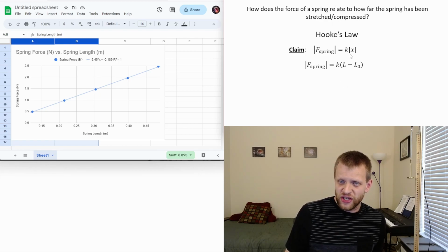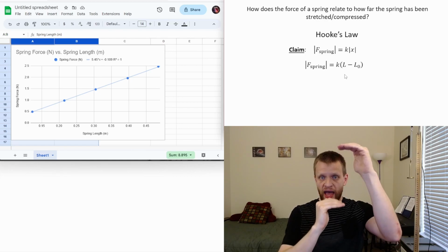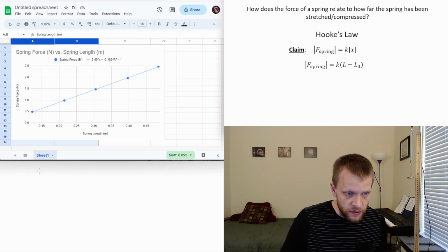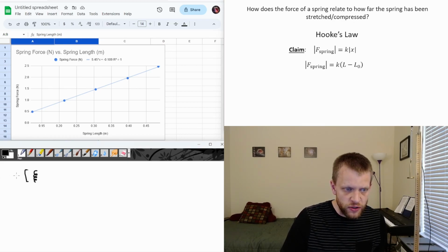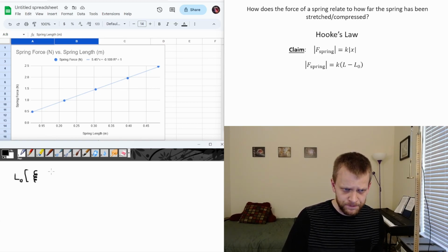So instead of talking about this stretch distance, I can express that stretch distance in terms of the original length of the spring and the full stretched length of the spring. For example, let's say I have this spring, and under ordinary circumstances, if nothing's attached to it, it has this unstretched length.